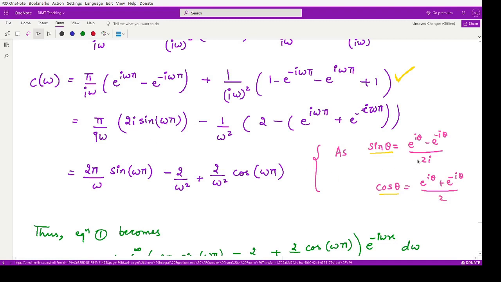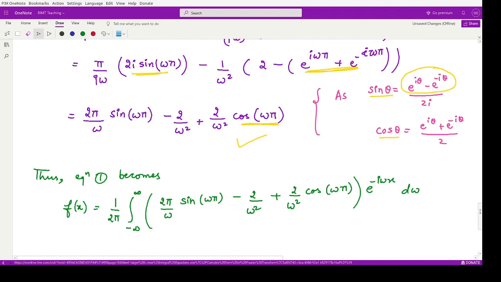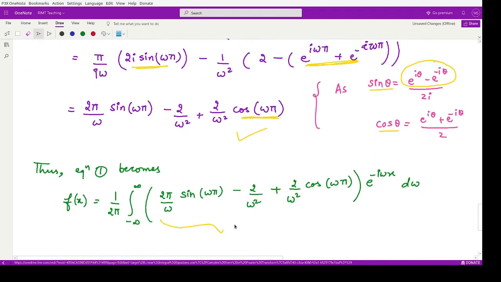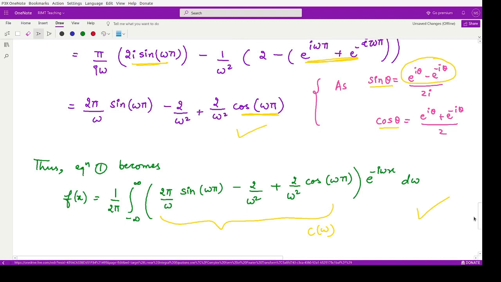So I can use its value as sin theta into 2 iota, so I have written it just like that here, and instead of this one I can write 2 times cos of omega pi. So this is the final value of c omega that we obtain. So once you obtain the coefficient, we can substitute the value of c omega here. So this is the final exponential or the complex form of Fourier integral that we have obtained.